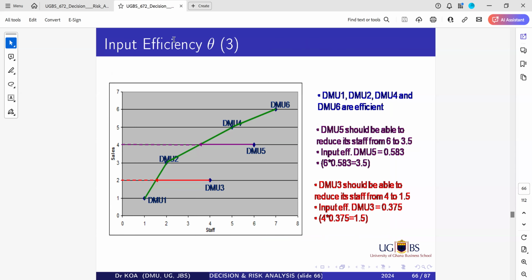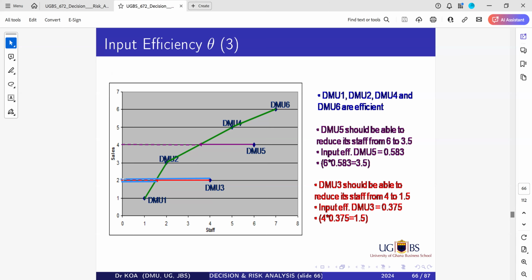So you can see that, let me use a different color, DMU3 here, its efficiency is the distance from the origin to the frontier. Now remember, even though it's the origin in this direction to the frontier, divided by the distance from the origin to the unit. Now I'm picking the origin from here.